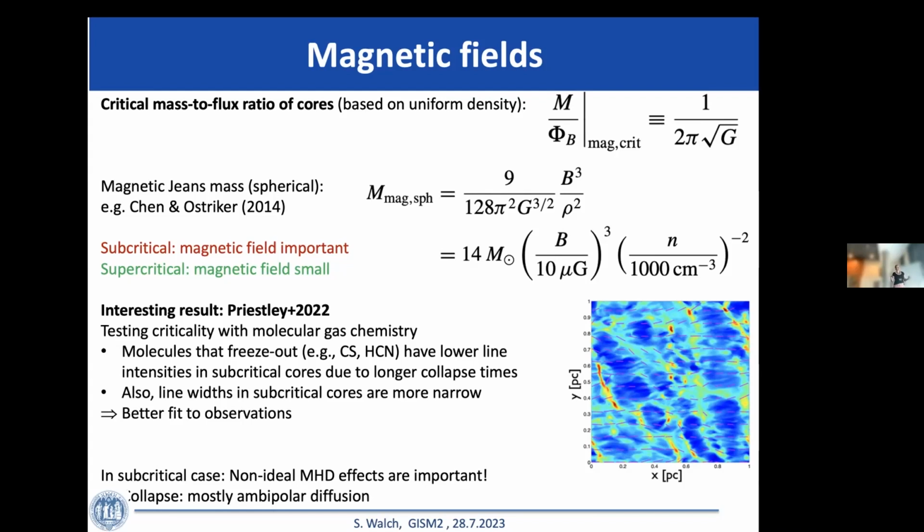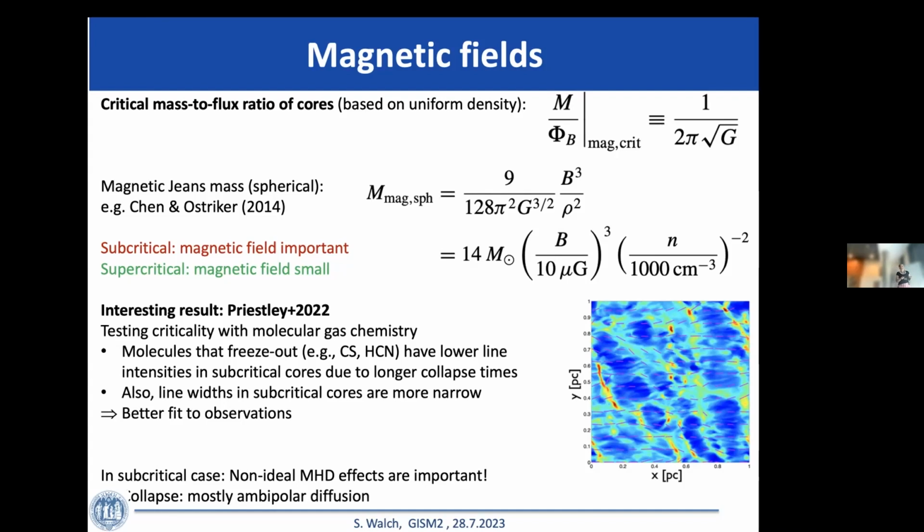If you have strong magnetic fields, you have longer collapse times, and therefore you would observe lower intensities of CS and HCN, because you observe these intensities from molecules which are in the gas phase, but when they are frozen out onto dust grains, they're gone, right? They don't emit anymore. So the intensity reduces as you have longer collapse times.